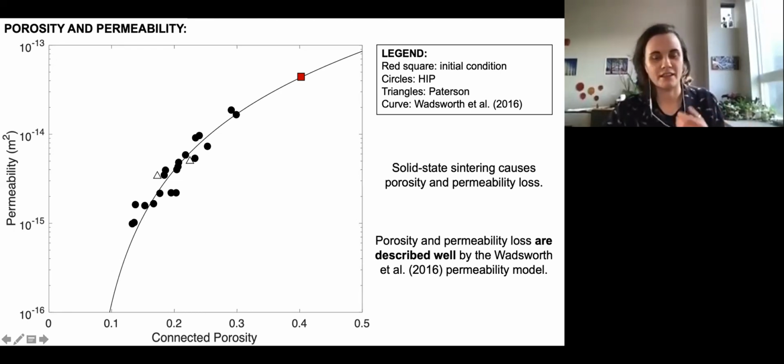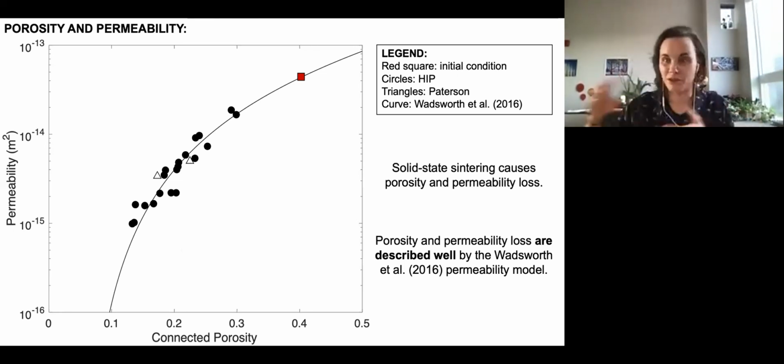This is a universal permeability model written by Wadsworth et al. 2016. And overall, what I'm seeing is that my measured porosity and permeability data are well described by this permeability model. So as I get into the modeling portion of this talk, I think in the next slide, you'll see that I co-opt this Wadsworth model for a bit of my own work.